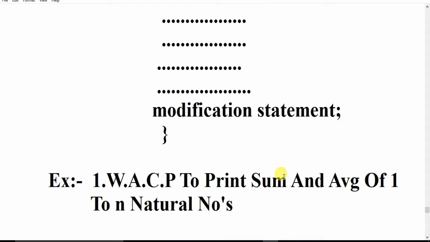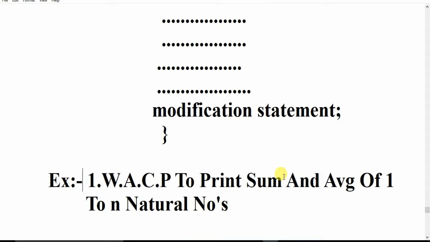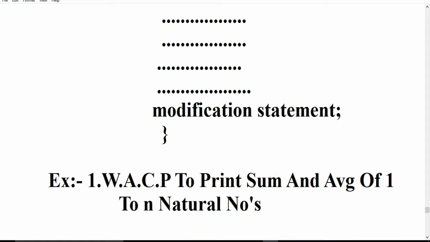Now the first example we are considering here: write a C program to print the sum and average of 1 to n natural numbers. So what is our input requirement from this example? A number, that is the n value.